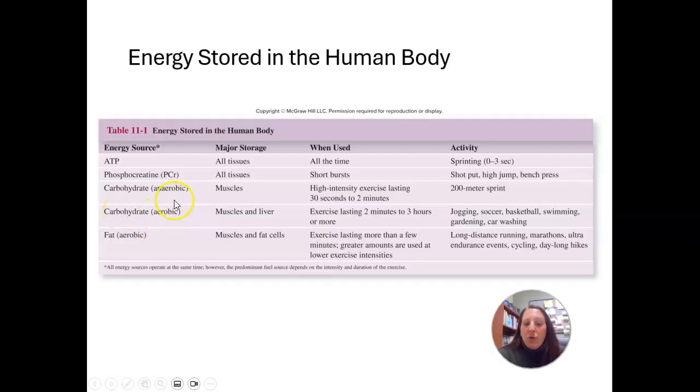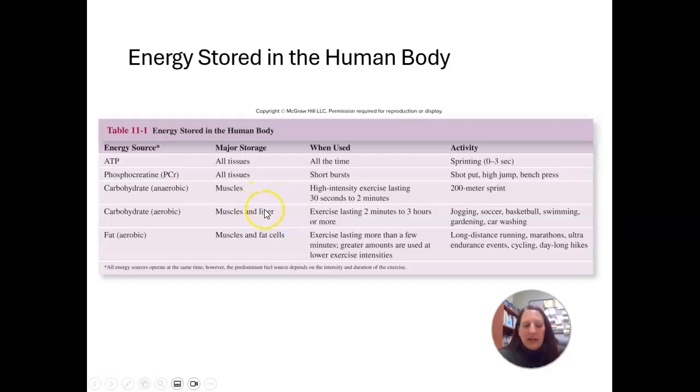Carbohydrates used for aerobic respiration. Again, these are going to generate more ATP. Oxygen has to be present for this. Carbohydrates, in this case, are going to be stored in both the muscles and your liver. Exercise lasting 2 minutes to 3 or more hours. So when your muscle cells run out of carbohydrates, your liver glycogen stores will be broken down.